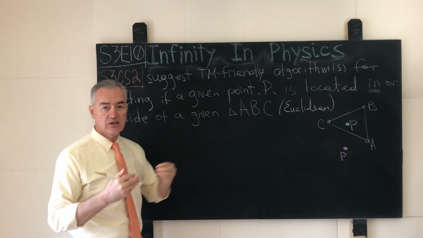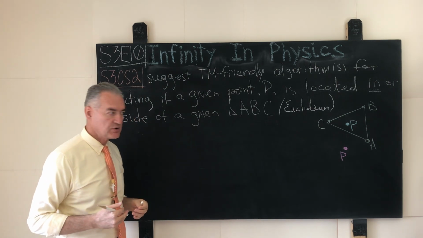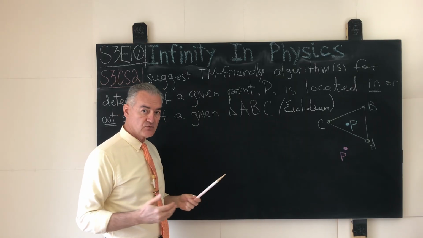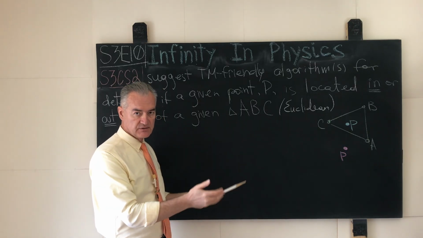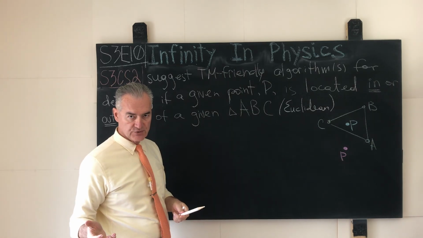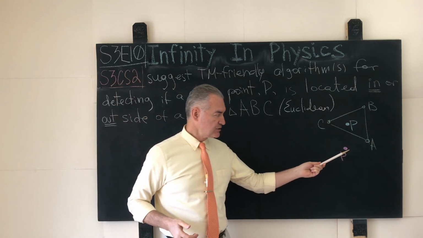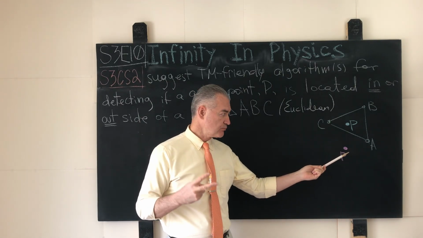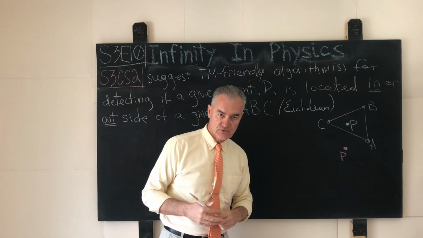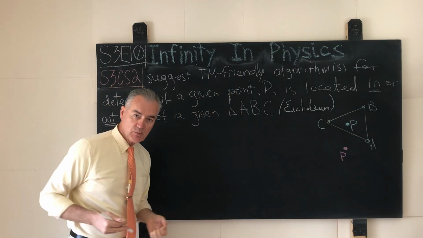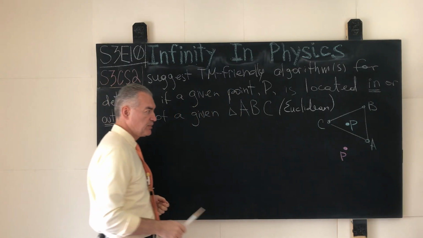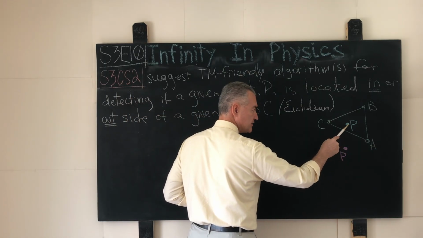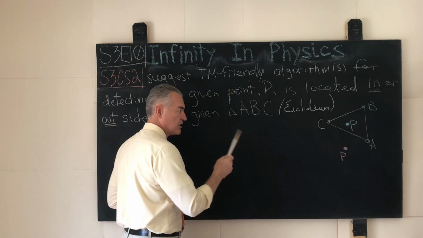In other words, on the input into our algorithm, we will have 4 points, and it will be clear which 3 points delineate a triangle and which is the point to test. Because this whole affair unfolds in a plane, 2 units of information per point, altogether 8 units of information, and we need to determine with absolute certainty whether the point P is located outside or inside of the given triangle.